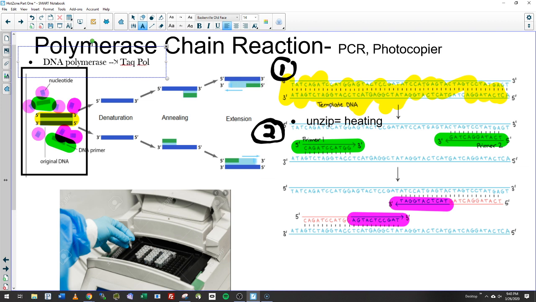The reason it is Taq polymerase is because it comes from a very special bacteria found in thermal hot springs that is able to tolerate relatively high temperatures compared to human body temperatures. Otherwise, normal DNA polymerase would be denatured at such a high temperature in this machine. So we also have to put in DNA polymerase, and very specifically Taq polymerase.